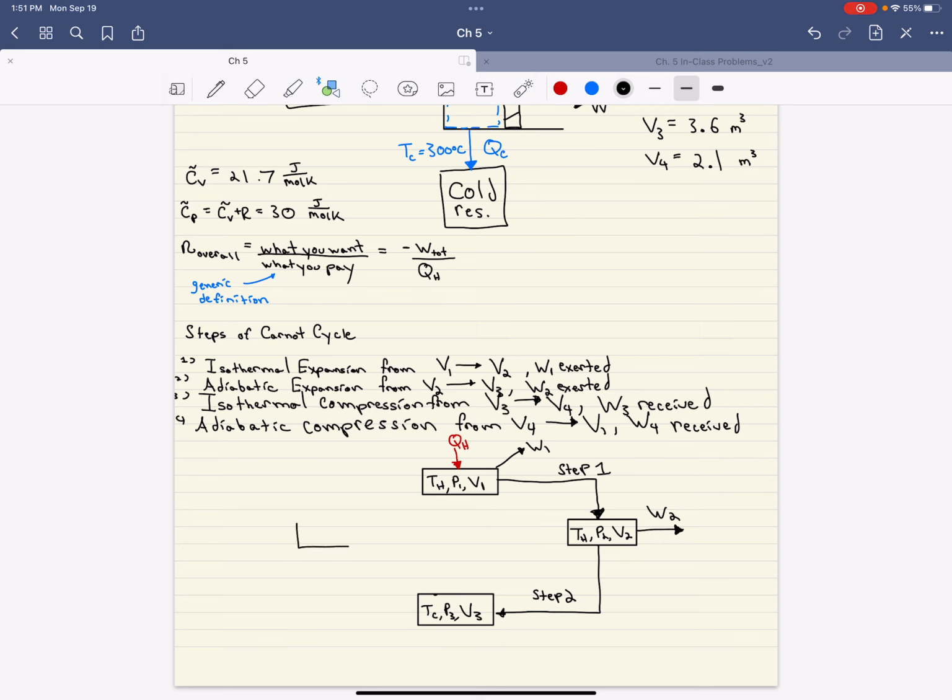Step 3 is once again isothermal step, so the temperature is going to stay the same, but pressure and volume are going to change. And the system is also going to donate some heat to the cold reservoir.